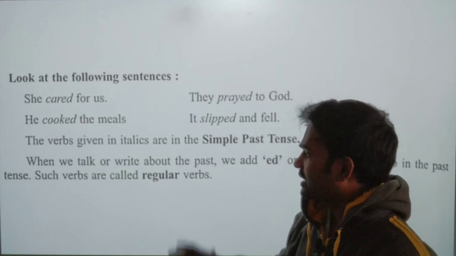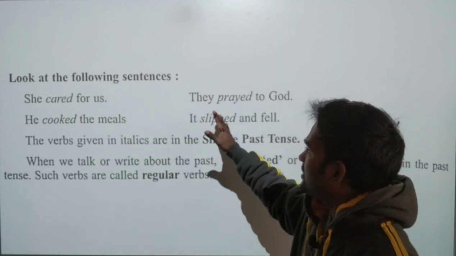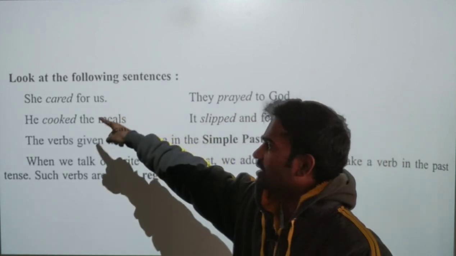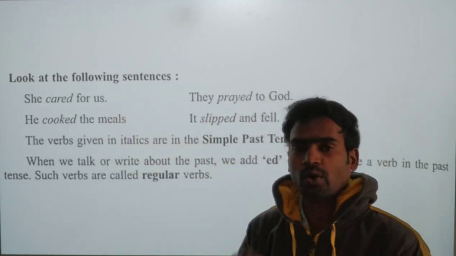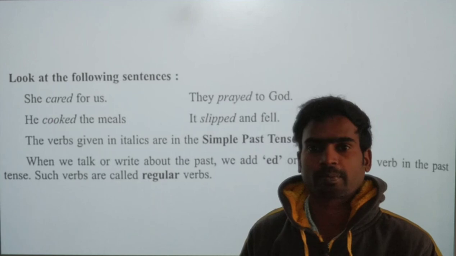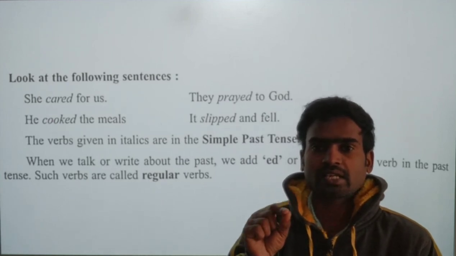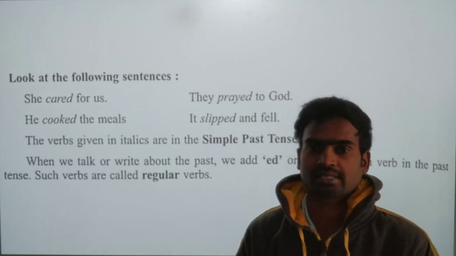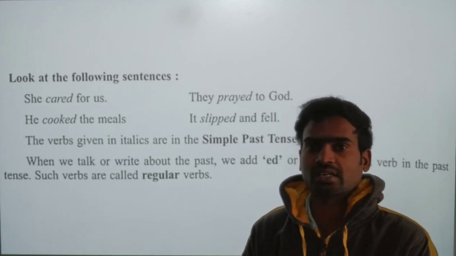So when we see it carefully, all these verbs are ending with ed. Just see that ed. How to find out it's a past tense verb? When the verb is ending with ed, that is called past tense. That we have learned already.